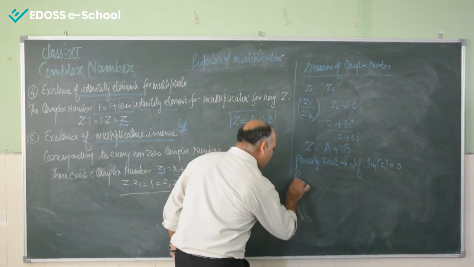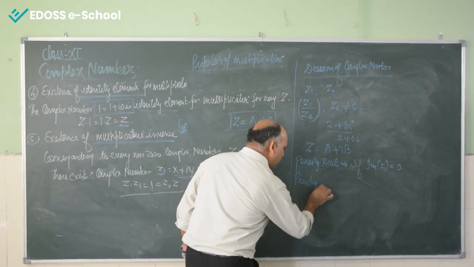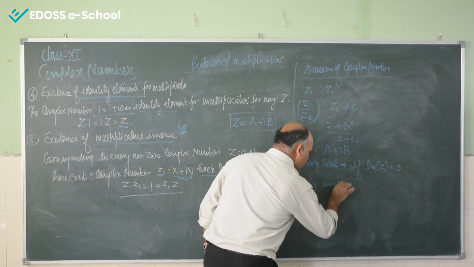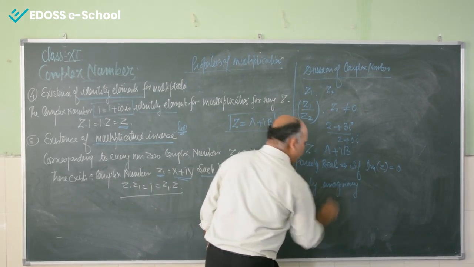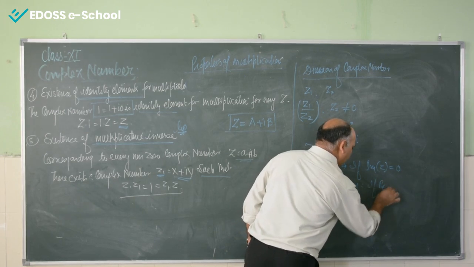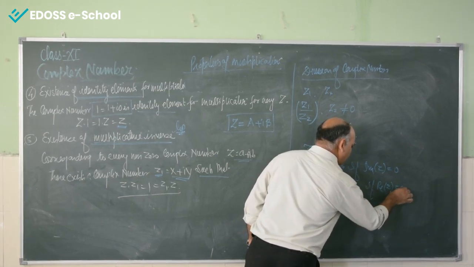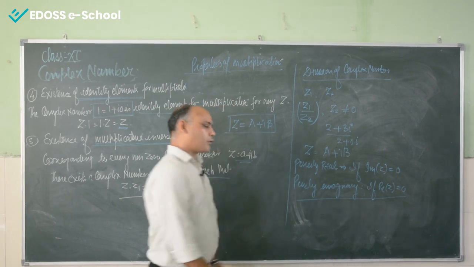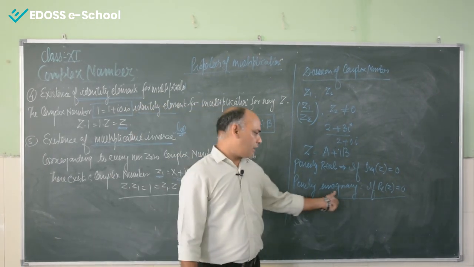Second is purely imaginary. Purely imaginary means if the real part of Z is equal to 0, then the complex number is known as purely imaginary.